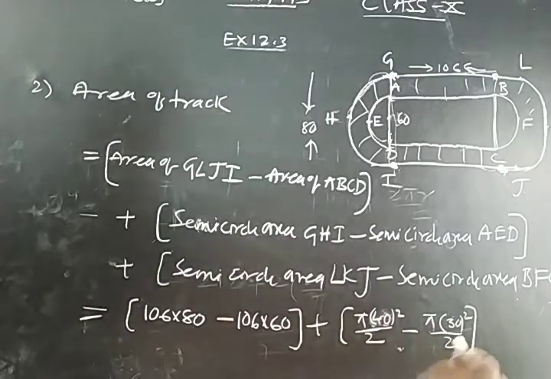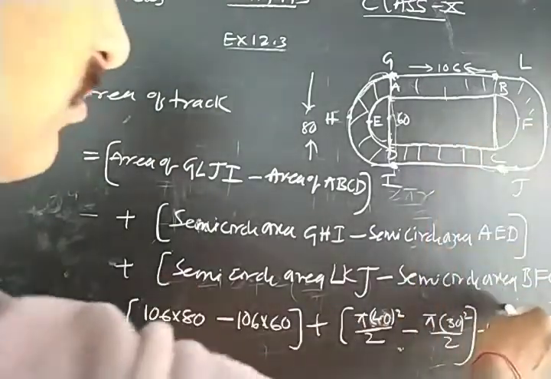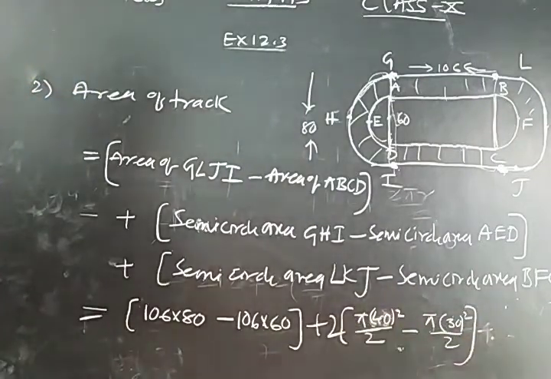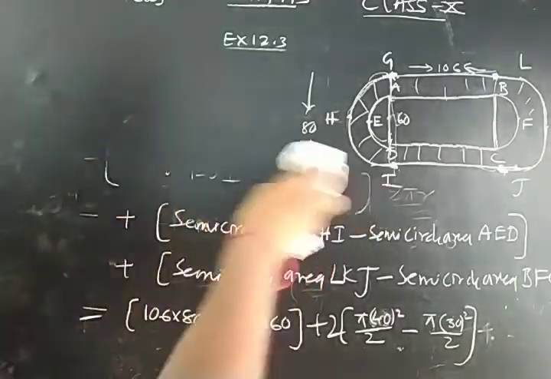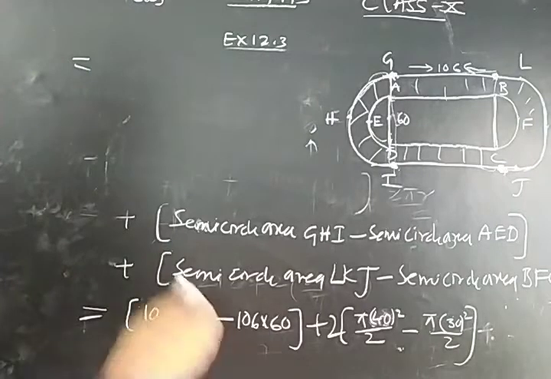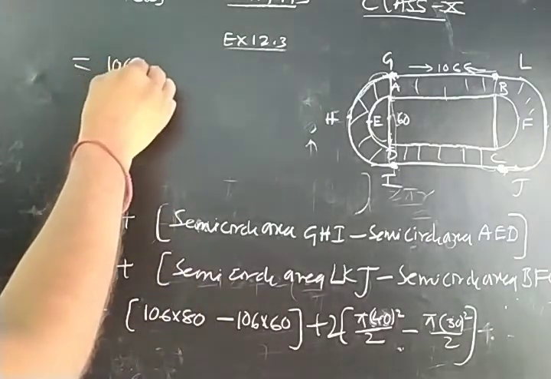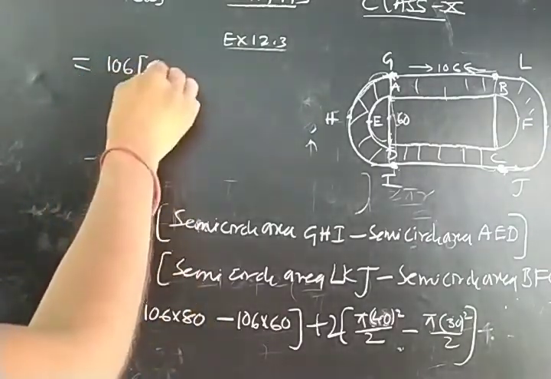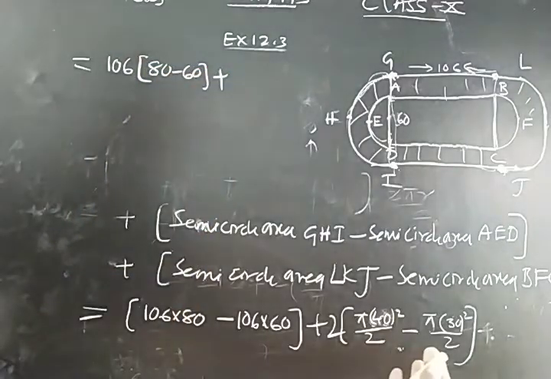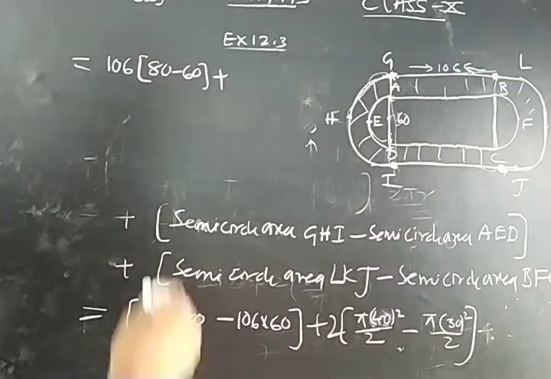Next, plus here also the same value, so I can write it twice. Now simplification. Take 106 common here, we get 80 minus 60, plus here you can take pi by 2 common.